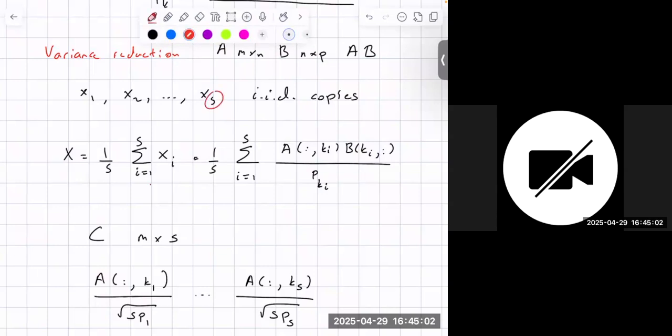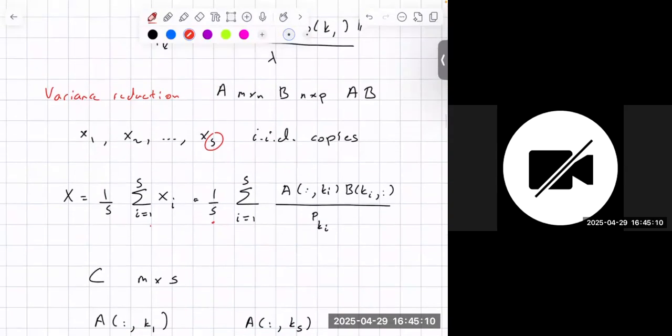You sum it up, you get a matrix from all of them, you sum it up as a matrix, and then you average over. And this way, you will end up reducing the variance we were trying to optimize. It's going to be divided by S. Yeah, that's the way to reduce the variance. So this S is up to you to pick, depending on how much resource you would like to throw at it.